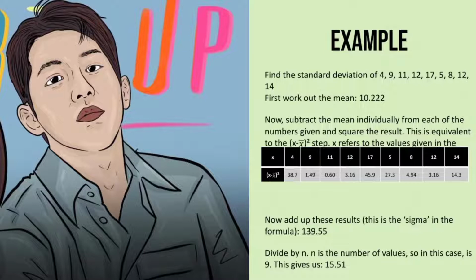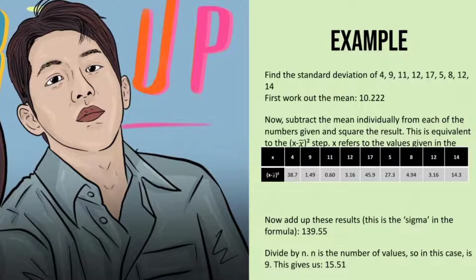And now that we have the mean, we can subtract the mean individually from each of the numbers given and square the result. This is equivalent to the x minus x-bar, squared, step. The x refers to the values given in the question.